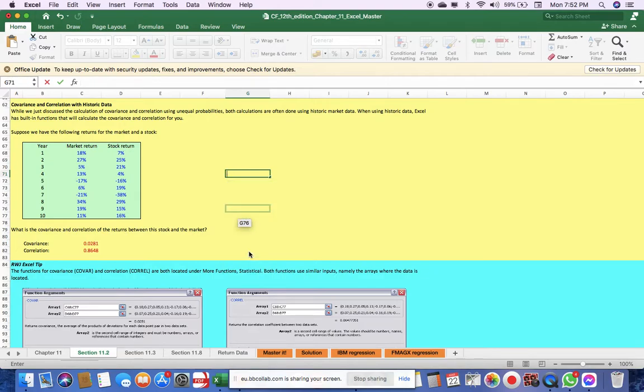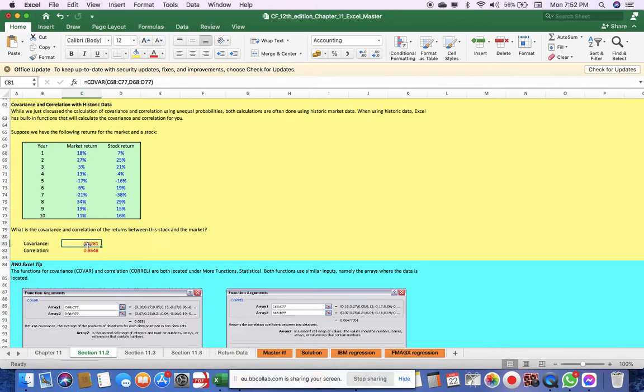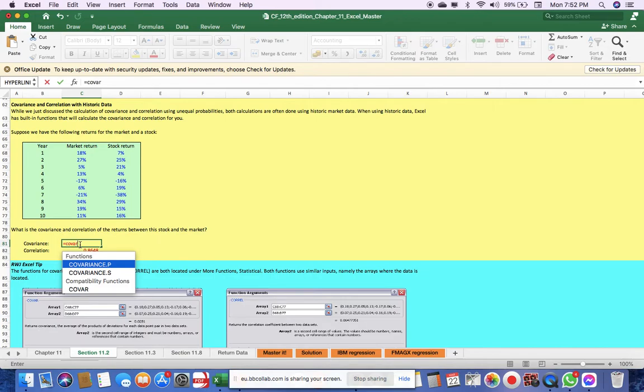Similarly, we can calculate the covariance and correlation also directly through the inbuilt functions of Excel. For the covariance, you just use the covariance function. There is a covariance function, use it and calculate whichever you want to calculate.